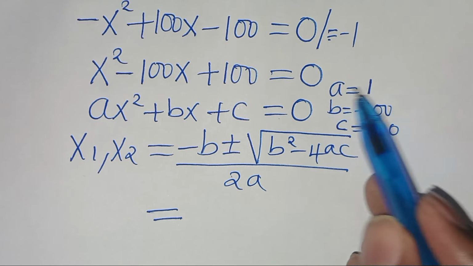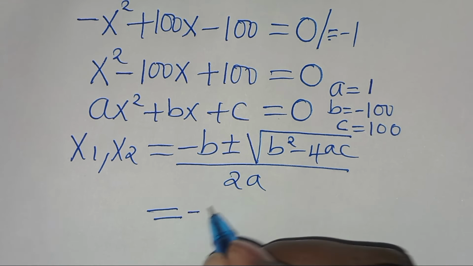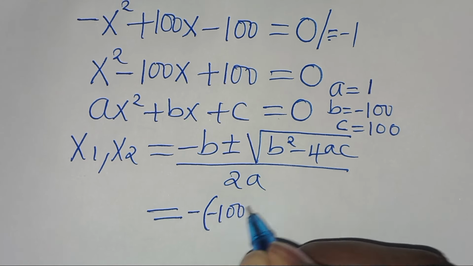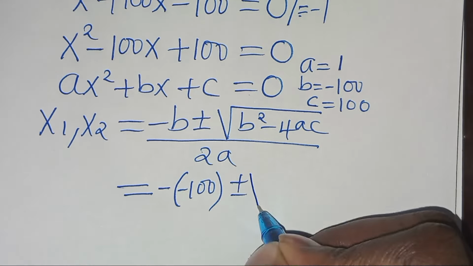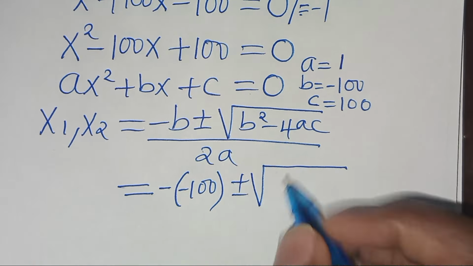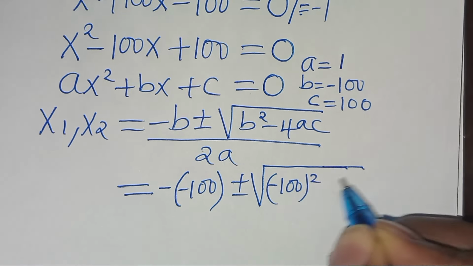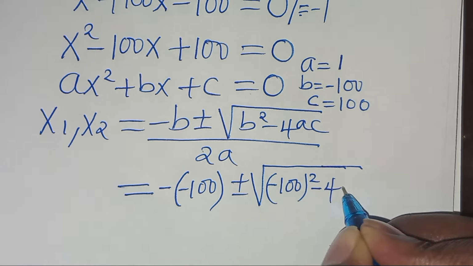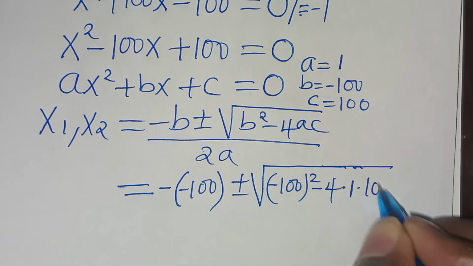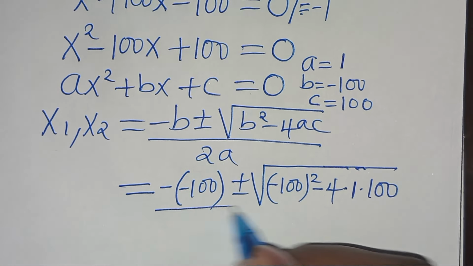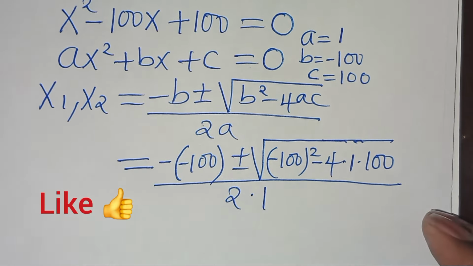So let's substitute the values of a, b, and c into this formula. So you have minus 100, plus or minus the square root of b squared, this is minus 100 squared, minus 4 times a, which is 1, times c, which is 100, everything divided by 2 times 1.